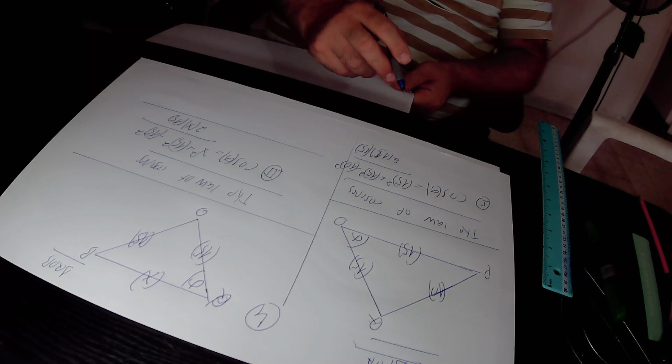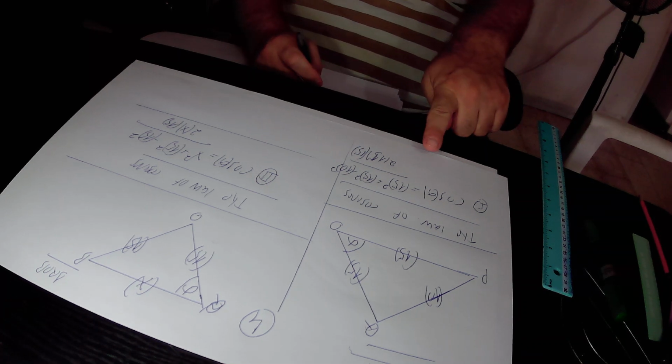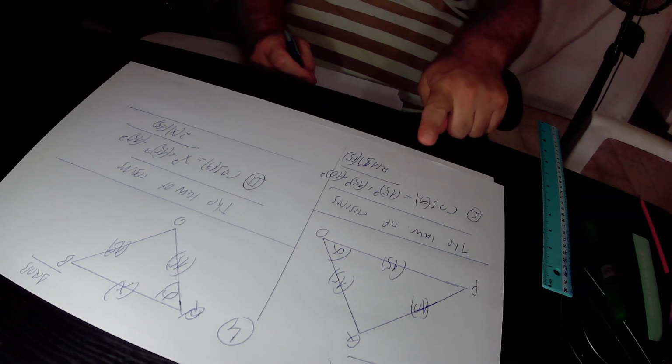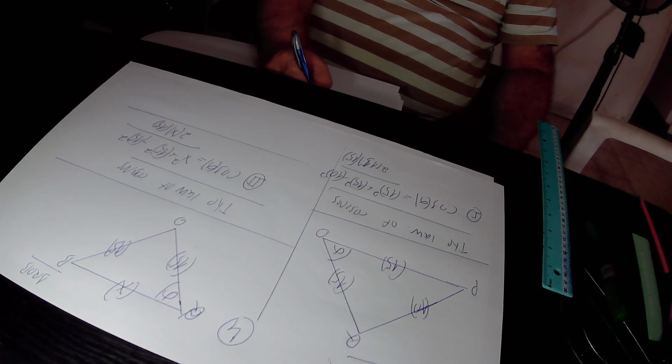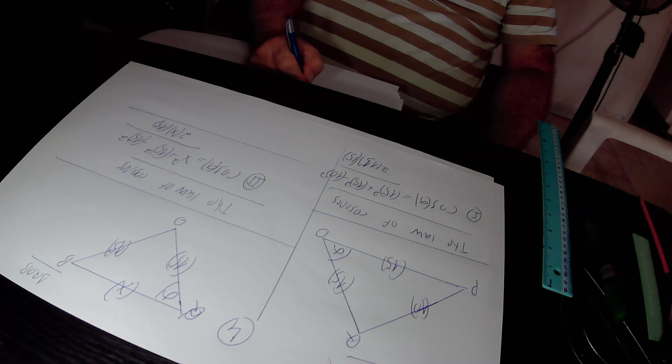Cosine alpha according to equation 1 is 15 squared plus 15 squared minus 10 squared divided by 2 times 15 times 15.